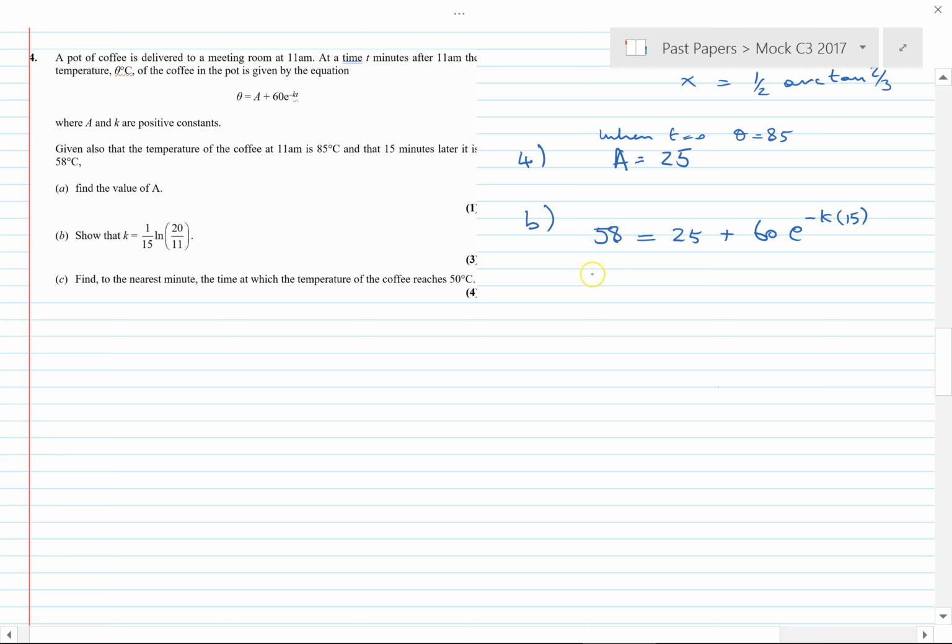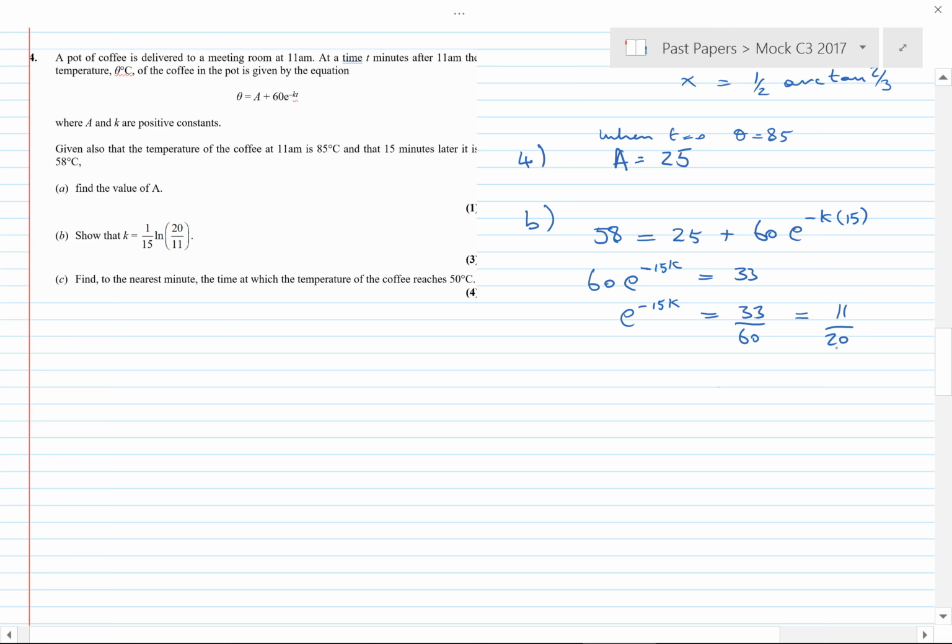So we've got 60 e to the minus 15k is equal to 33. So e to the minus 15k is equal to 33 over 60. And if we divide that by 3, that becomes 11 over 20.